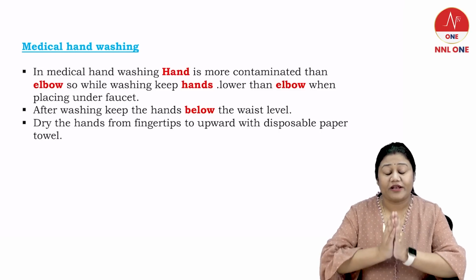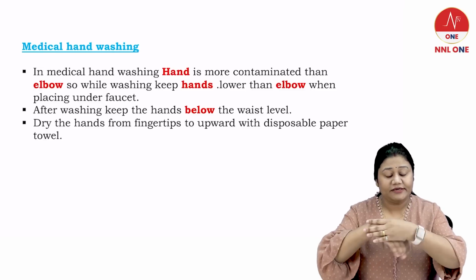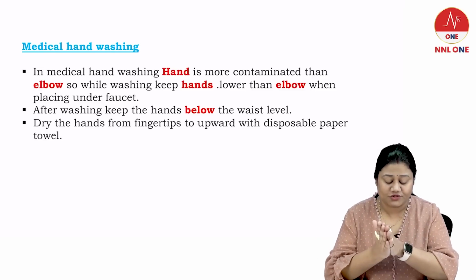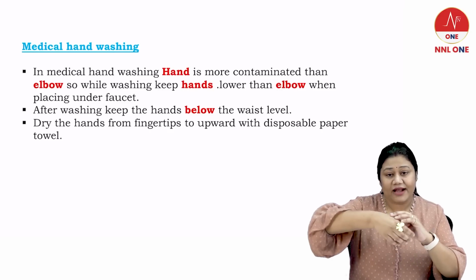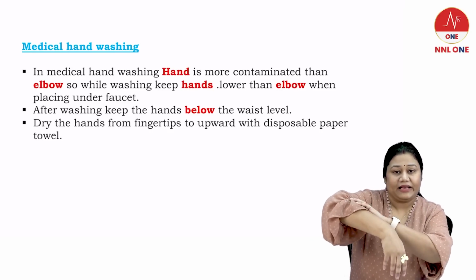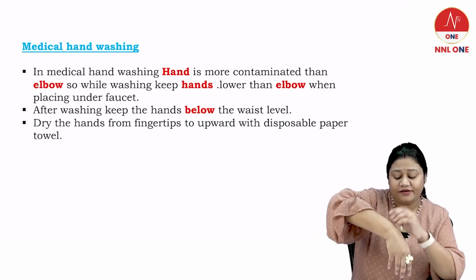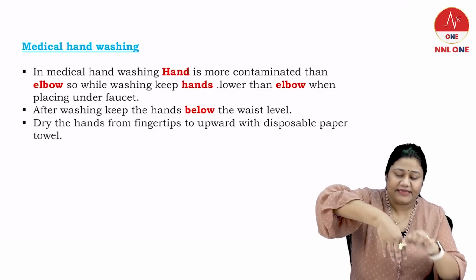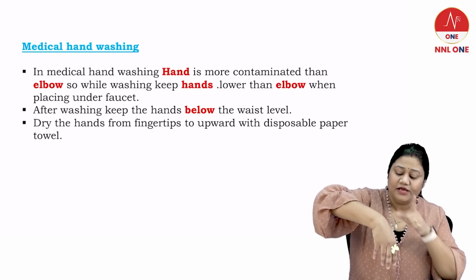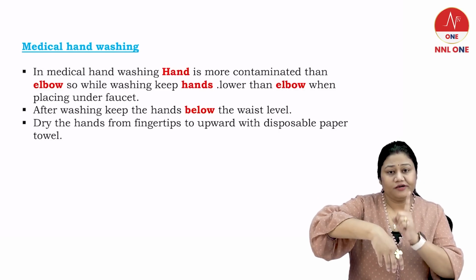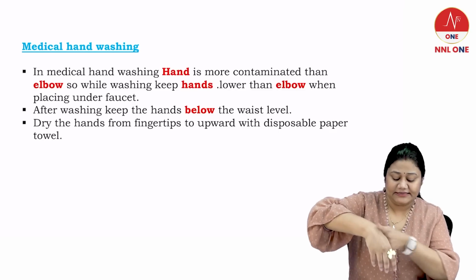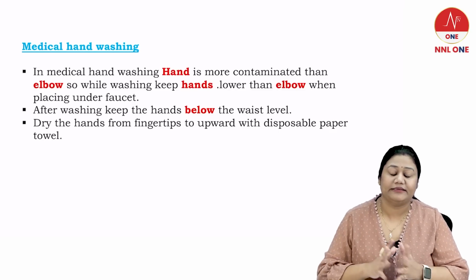So when you are performing medical hand washing, hands are more contaminated. Once you are done with the friction and application of the soap, and you start washing, your hand should be lower than the elbow, right? You will start washing from the wrist towards the fingertip, so the water flows from less contaminated towards the more contaminated region.